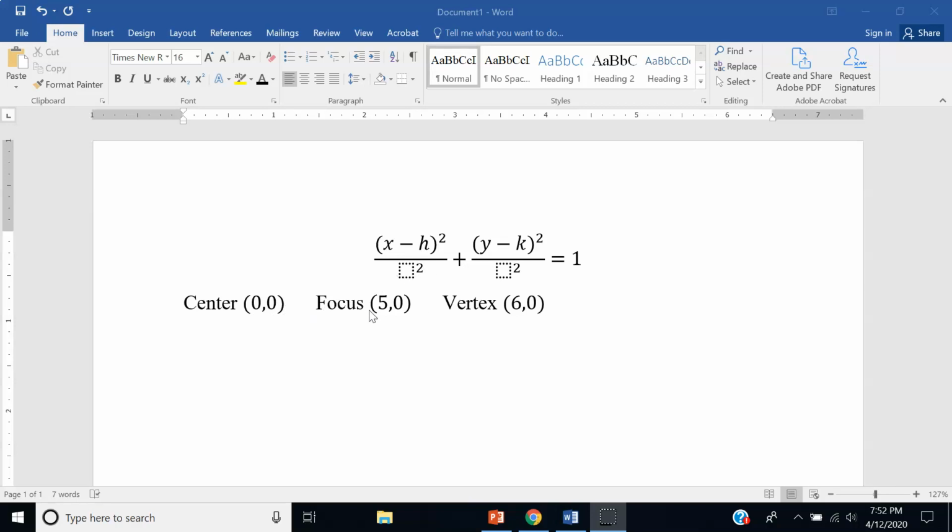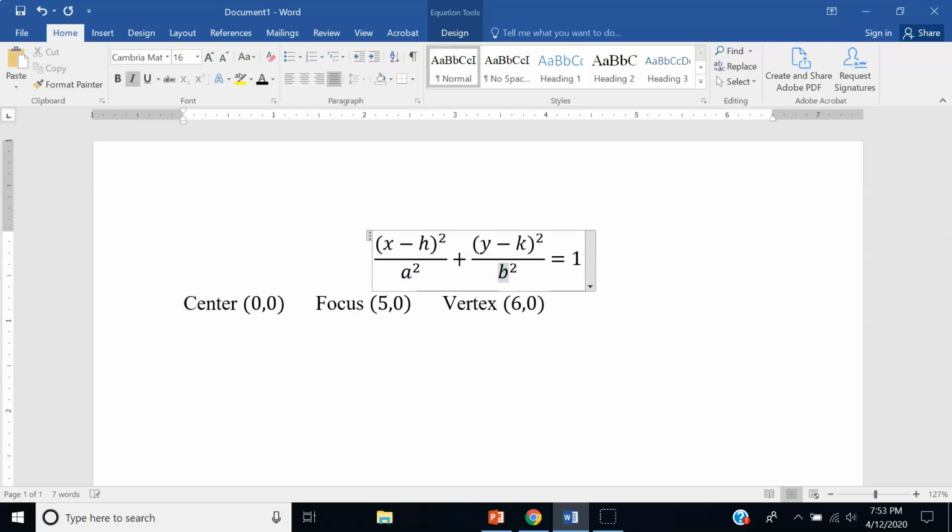Now the focus being at 5, 0, the center being at 0, 0, and the vertex being at 6, 0 tells me which is the major and which is the minor axis, which of the two numbers, A versus B, is going to be underneath X and which is going to be underneath Y. Since the focus is changing the X value, I know that the major axis is going to be along the X values, and therefore the bigger number is going to be underneath the X. Hopefully that makes sense.